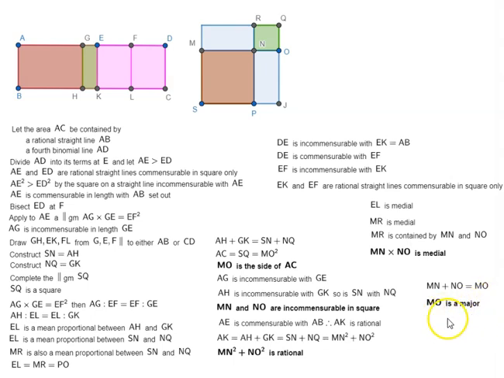Now, how can we say it is a major? Because we have shown that MO's terms, MN and NO, are incommensurable in square. MN square plus NO square is rational, and MN by NO is medial. So we can say MO is a major.